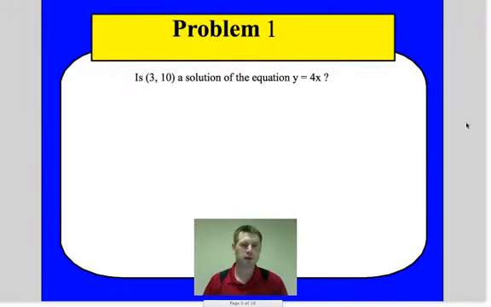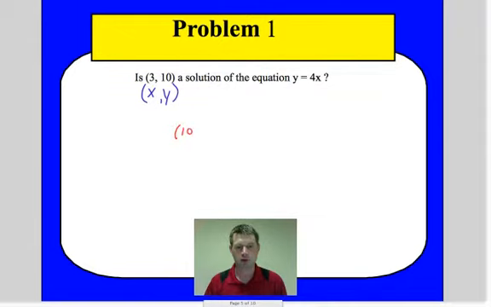Okay, so problem number 1 is (3, 10) a solution of the equation y equals 4x. So again, like we talked about, it's always x, y. Okay, alphabetical order. So that's what the ordered pair is. That's why we call it ordered. What we're going to do is plug in those values, substitute those values in.